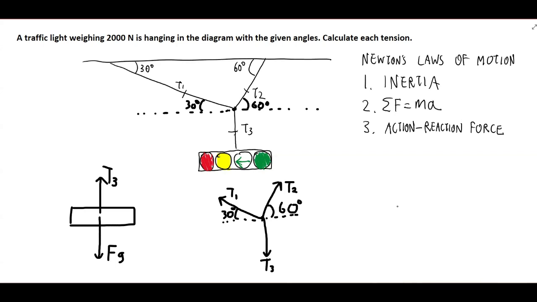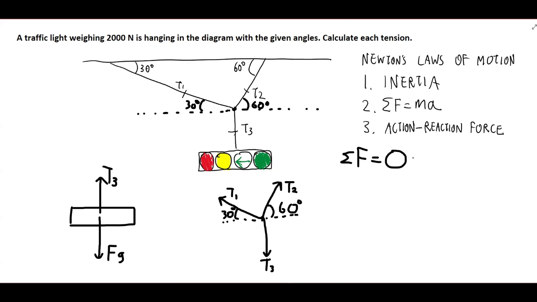And we want to look in two directions for the net force. Because we don't want the traffic light to move, we want the traffic light to stay here, right? So the net force, sigma F, must equal zero.